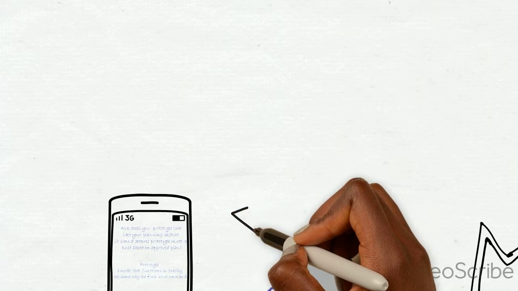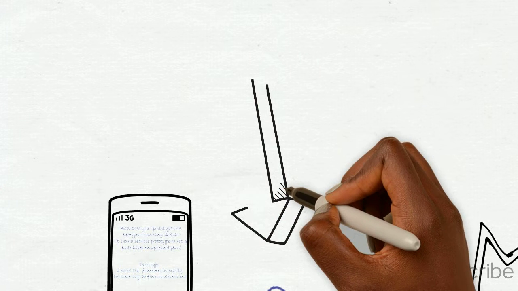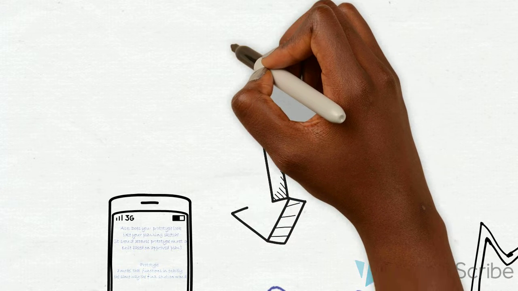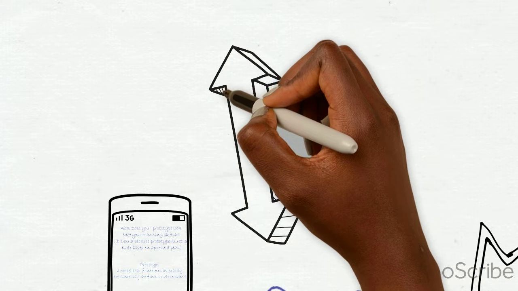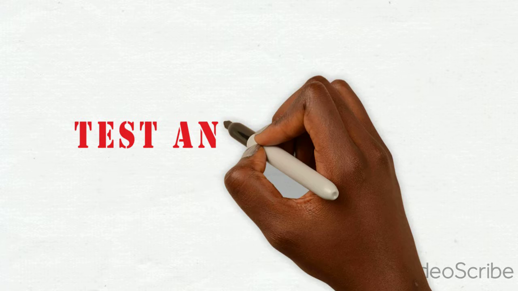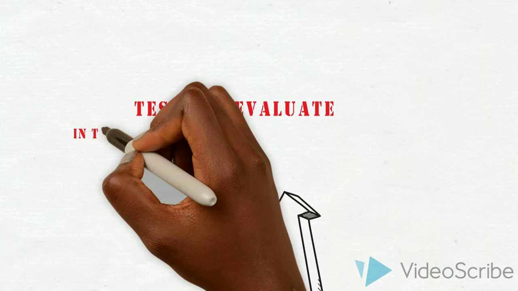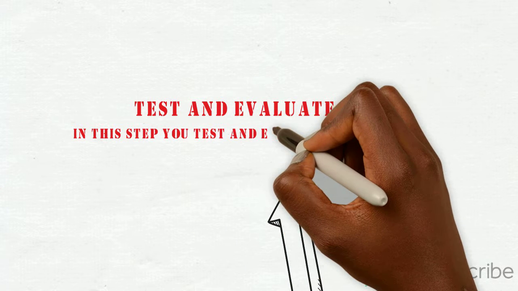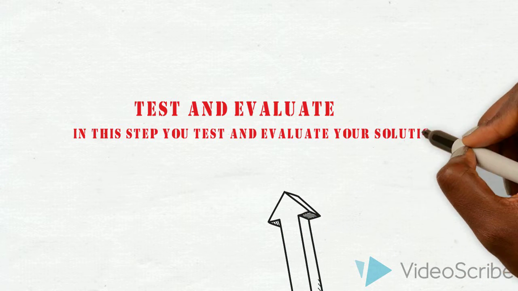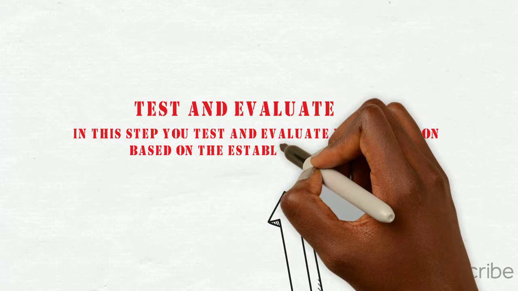So after you have built your prototype, the next thing you have to do is to test and evaluate it. So in this step, you're going to test and evaluate your solution based off the established criteria that we set up back in the ask step when we were figuring out what was the assumption and what was the scope of our project.